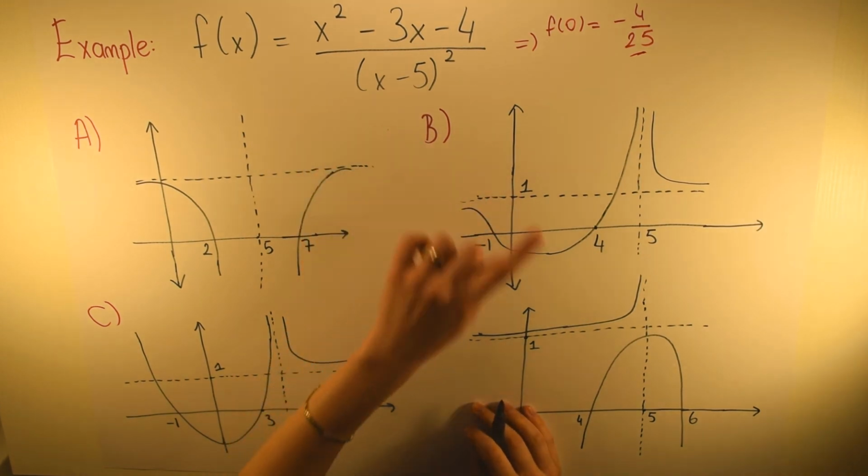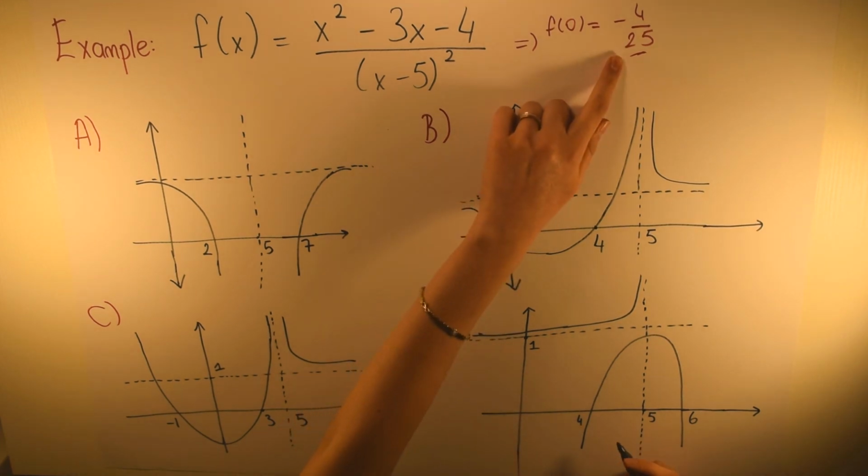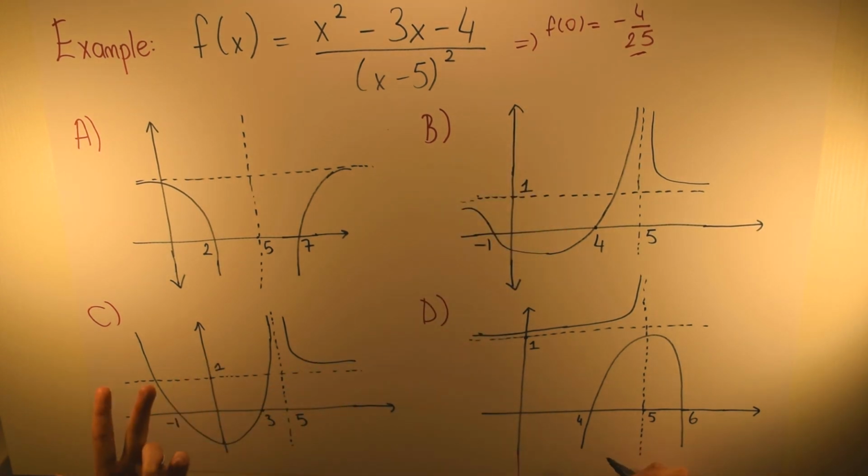So when x is 0, y can be minus 4 over 25. This can go like this, and then it can pass through minus 4 over 25. So D can be our choice.